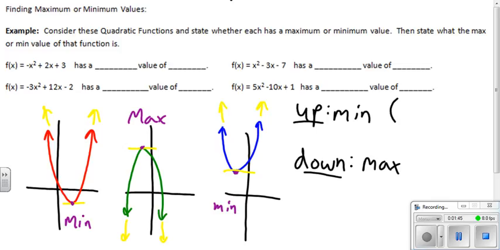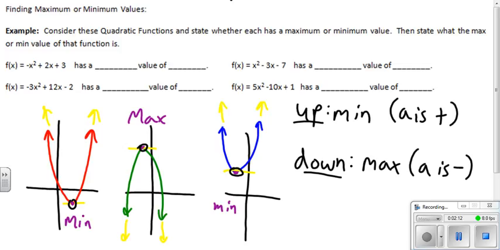According to the standard form, anytime it opens up, that's when A is positive, and it opens down every time that A is negative. So this can be really helpful for us when we want to find the min or max value, and we can find what those values are because we know that all of them occur at the vertex.